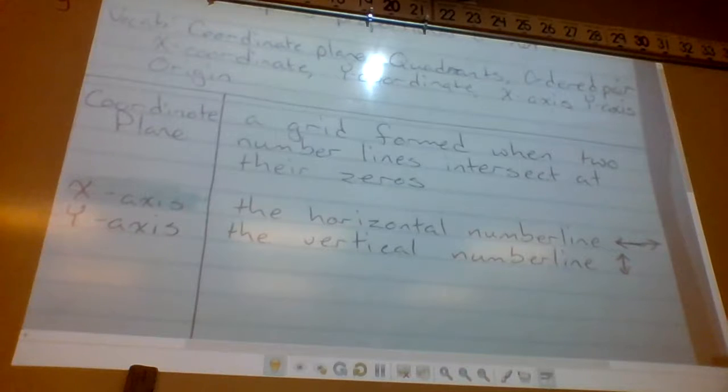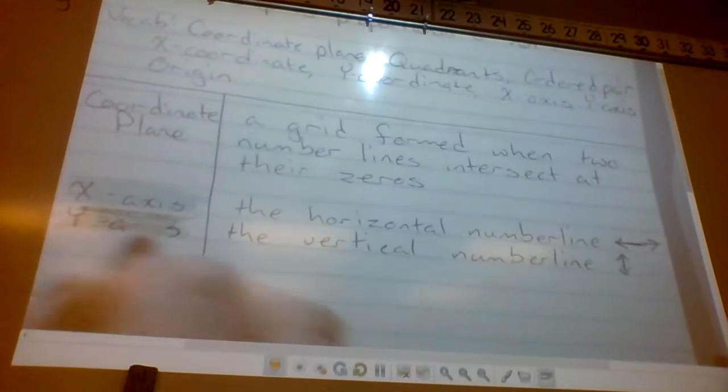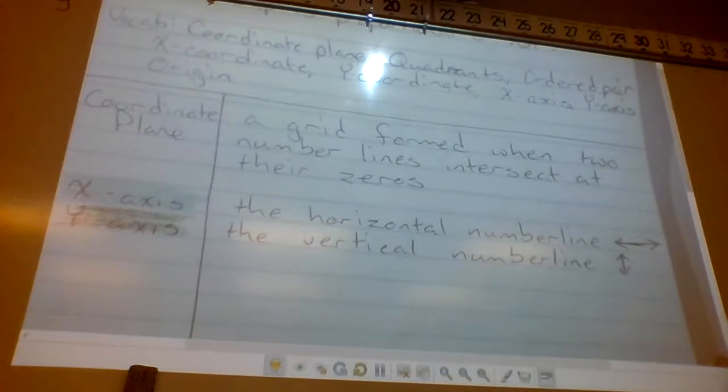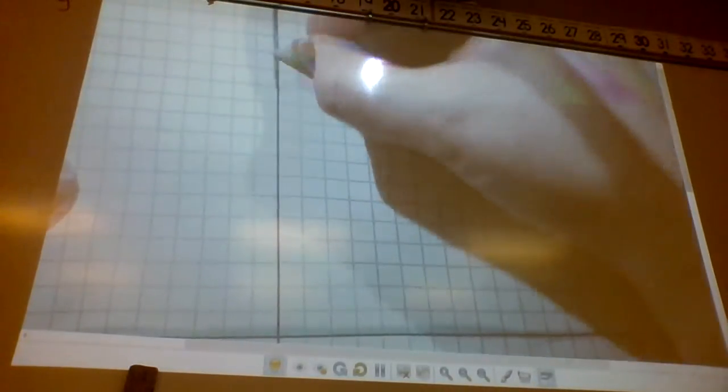Should we put the y-axis in the same color? No. Why? Because it's a different axis. We want to know the difference. I'm going to put that one in my green. Do not push down too hard on the green, otherwise you can't read it. Once you shade it in, shade in that underline as well.